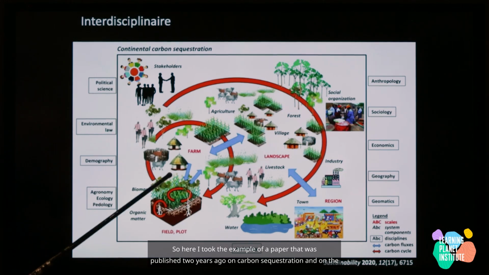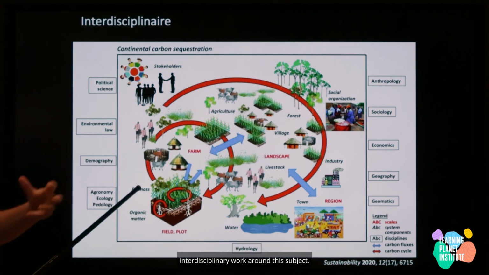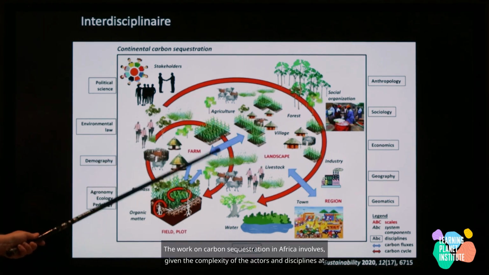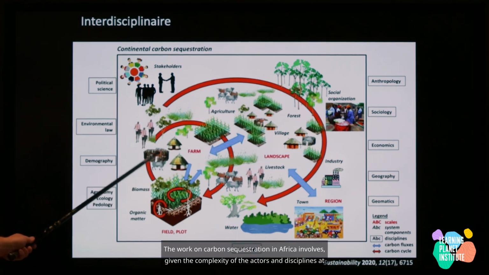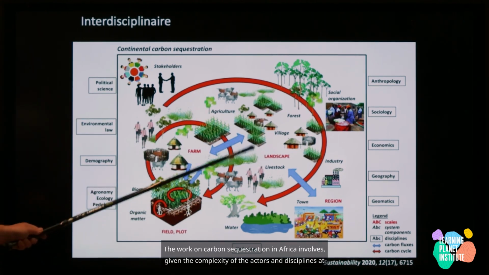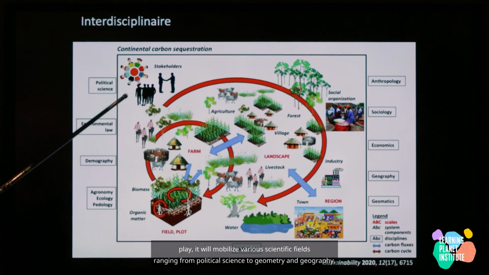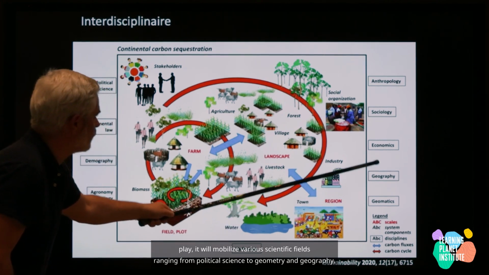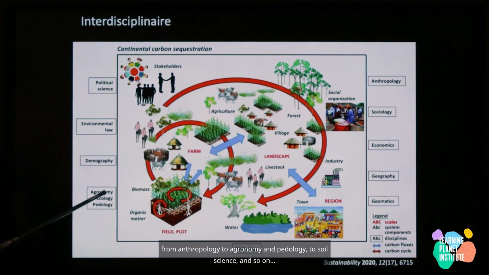So here I took the example of a paper that was published 2 years ago on carbon sequestration and on the interdisciplinary work around this subject. The work on carbon sequestration in Africa involves, given the complexity of the actors and disciplines at play, various scientific fields ranging from political science to geometry and geography, from anthropology to agronomy and pedology to soil science and so on.